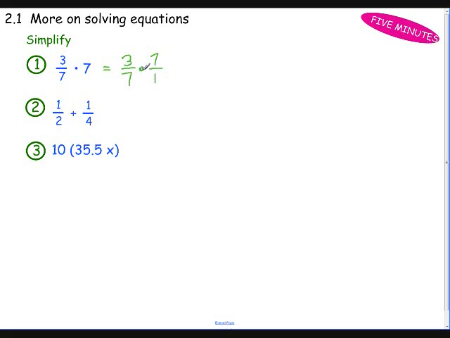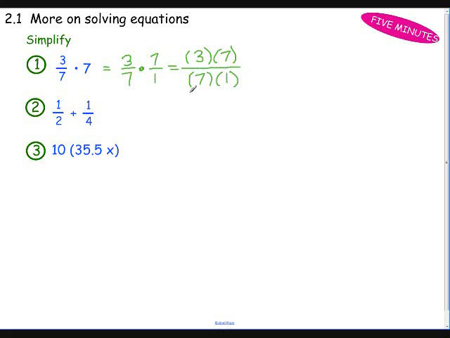In multiplication, unlike addition, in addition, we have to worry about common denominators. In multiplication, no such concern, because we are going to look at this as both the numerators multiplied together and both the denominators multiplied together.